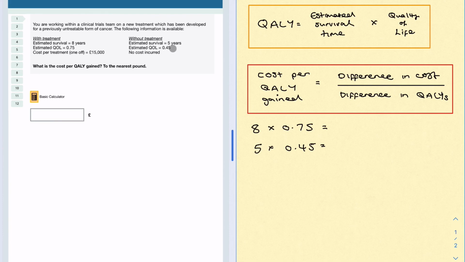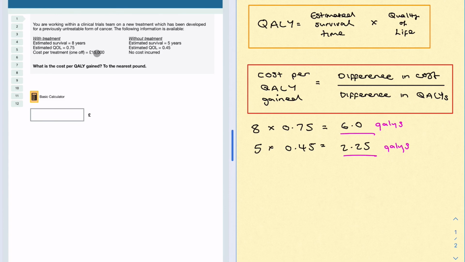Now 8 times 0.75 is 6.0, and 5 times 0.45 is 2.25, and these are QALYs. So I'm just going to write this here so it makes sense. Now moving on to the second stage of the question, we can take our red formula here, which is difference in cost divided by difference in QALYs. Well, in the question it tells us here that the cost per treatment is £15,000 with treatment, and without treatment there's no cost incurred.